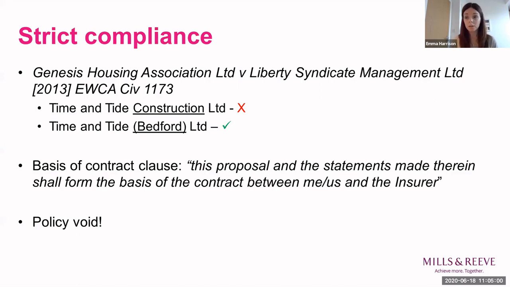But the court, and this went all the way to the Court of Appeal, found that because the proposal form contained a basis of contract clause, and the wording of that clause is on the screen here, that essentially elevated every statement or representation made in the proposal form into the status of a warranty, which meant that the wrong information about the name of the builder on the proposal form amounted to a breach of warranty, which in turn allowed the syndicate to avoid liability completely. So in effect, it was as if the policy had never existed at all.